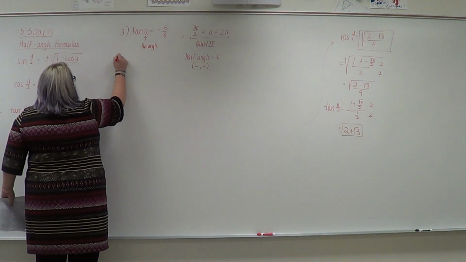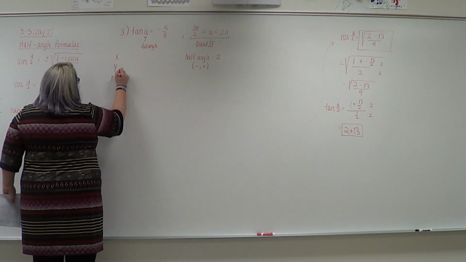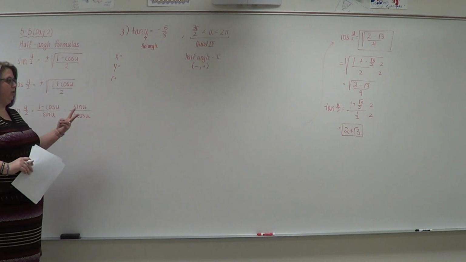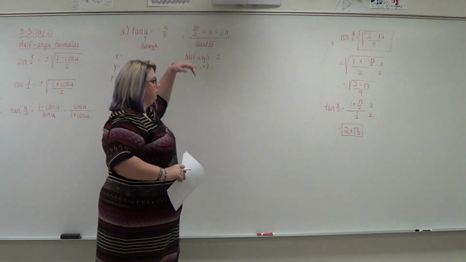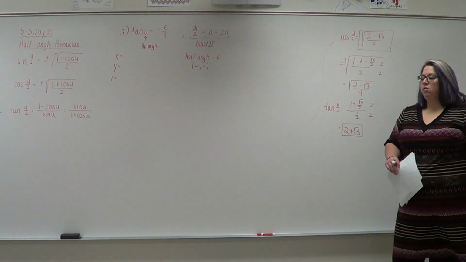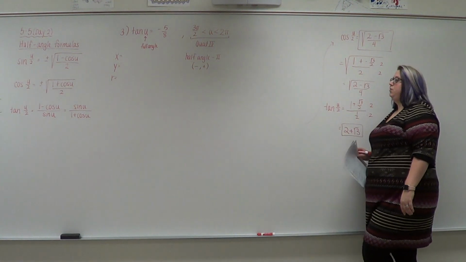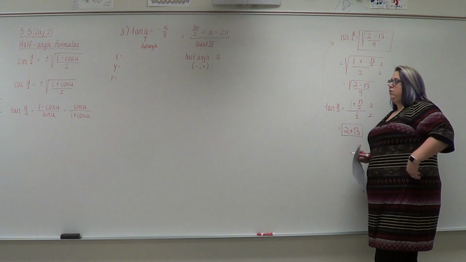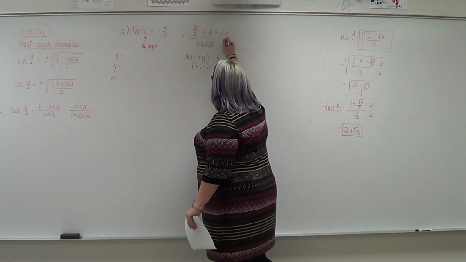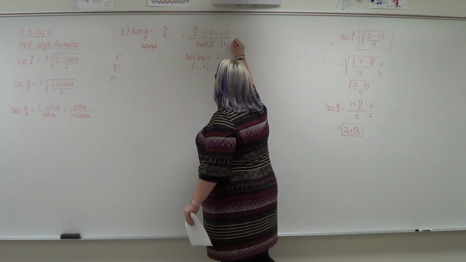Okay, anytime you're given this, it's x, y, and r. So you did the right triangles, you've done the unit circle. When you have something that just gives you u, this is when you do your x, y, and r. Okay, and this is the full angle. So full angle is in quadrant 4, x is positive, y is negative.